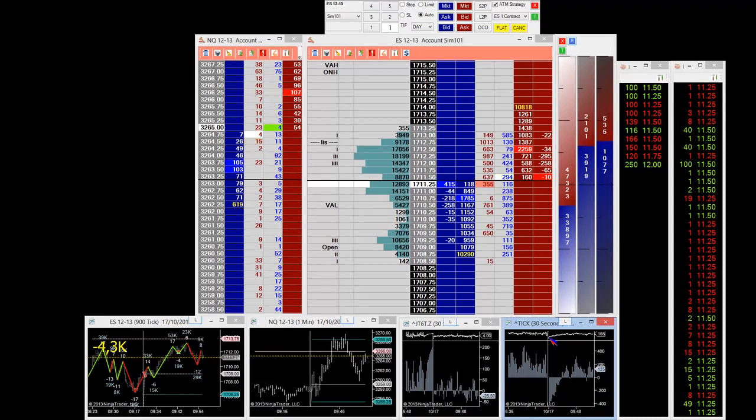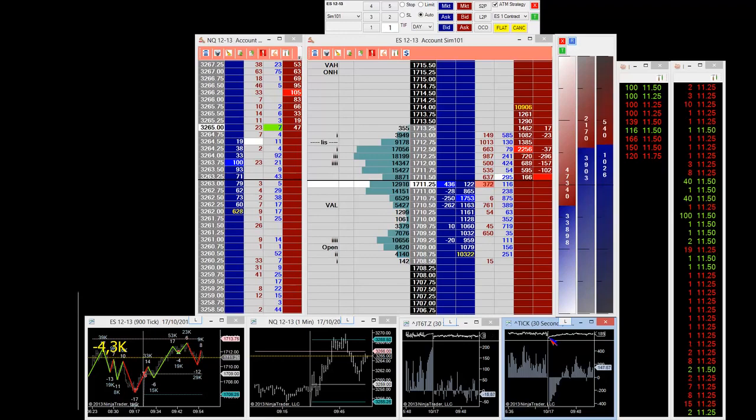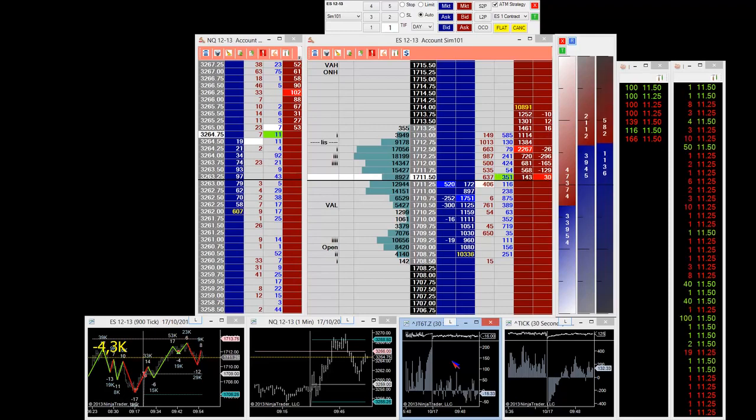Now, you would probably say, okay, if you're going to use the E-mini S&P 500 futures, why would you look at the New York Stock Exchange tick and not the other tick we've got there, which is the S&P 500 tick? So with the New York Stock Exchange, you've got roughly 2,800 stocks that take part in that market.